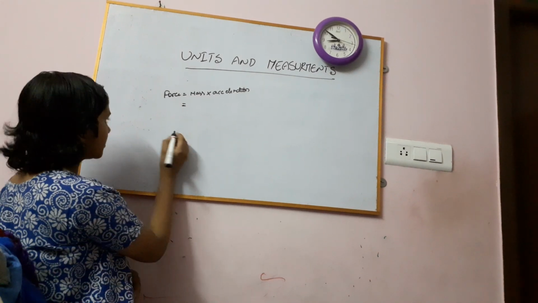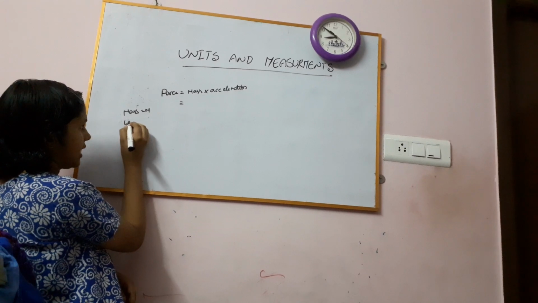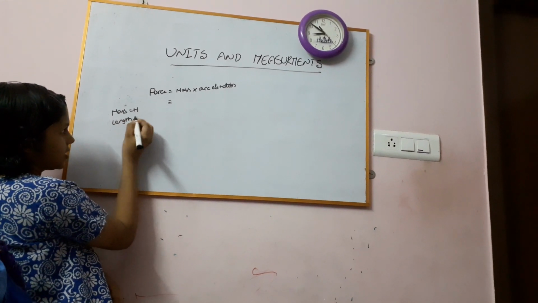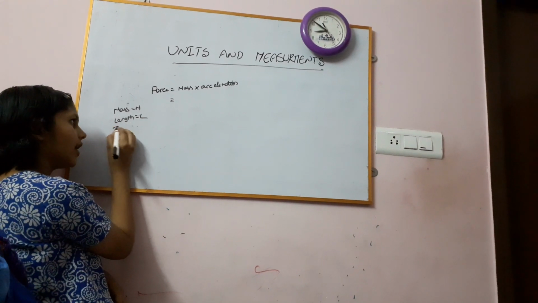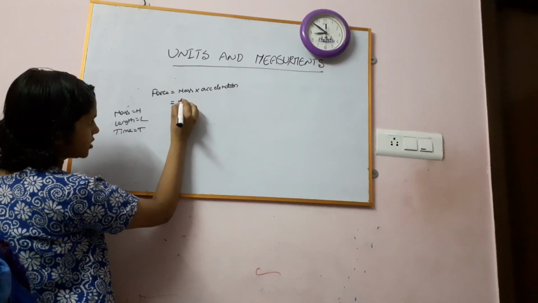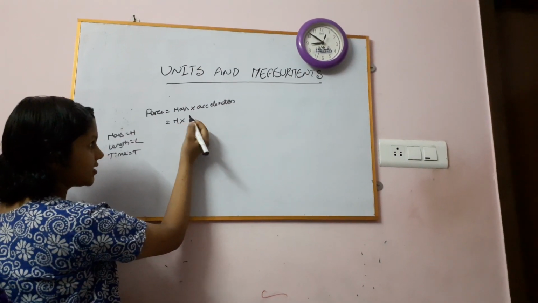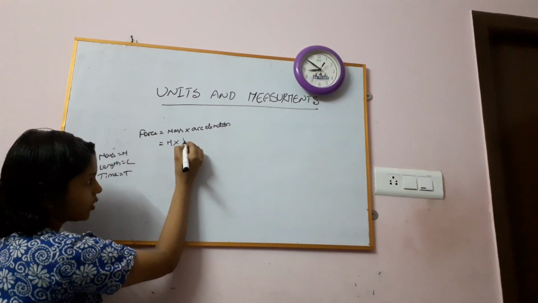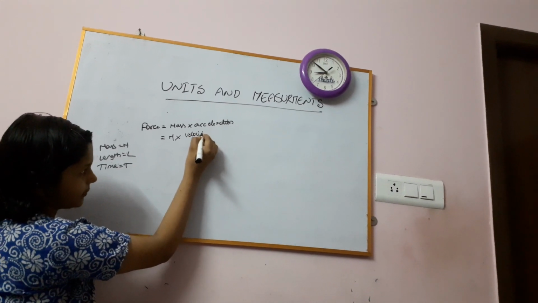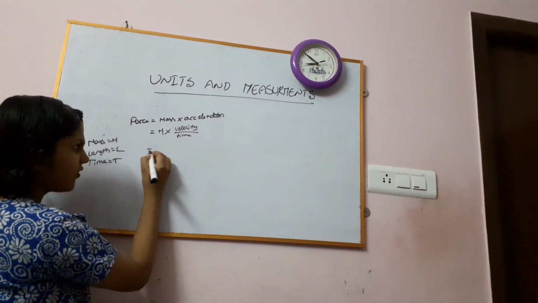First, we know that mass is M, length is L, and time is T. We don't know about acceleration, so we extend it. What is acceleration? Velocity by time. What is velocity?